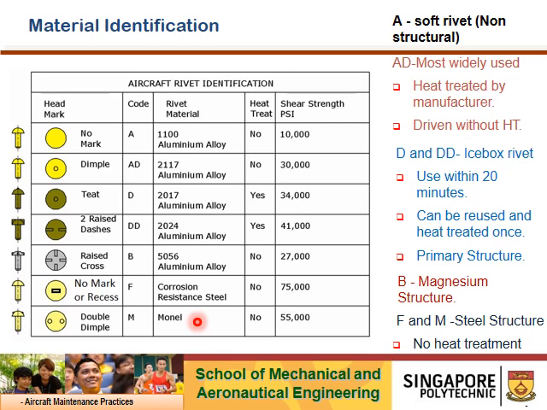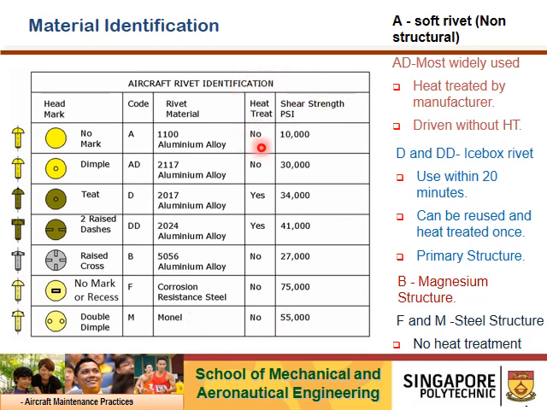Alright, if you find a rivet without any marking on the floor, it tells you that it's an A-type rivet, which is a 1000 series aluminum alloy. The 1000 series aluminum alloy is 90% pure aluminum content, so it's very soft and weak. The shear strength itself is only 10,000 psi.